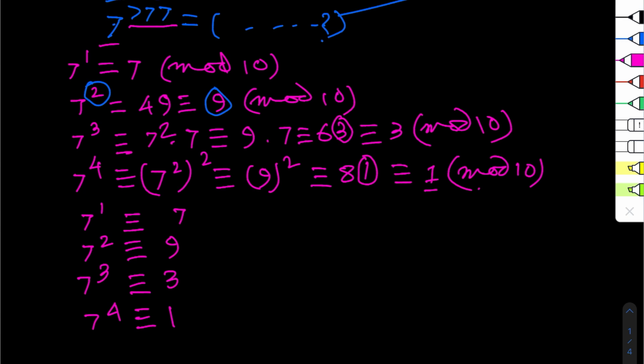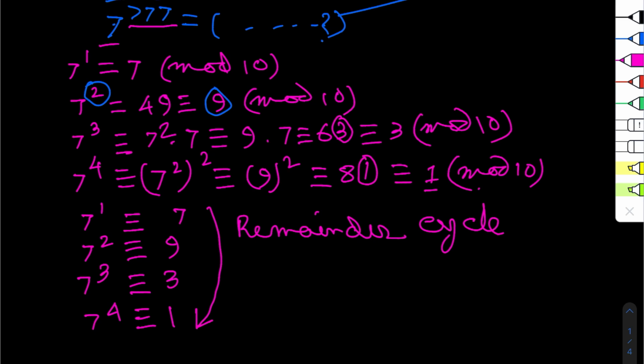So these are the remainder cycle, we may call this, that is 7, 9, 3, 1.